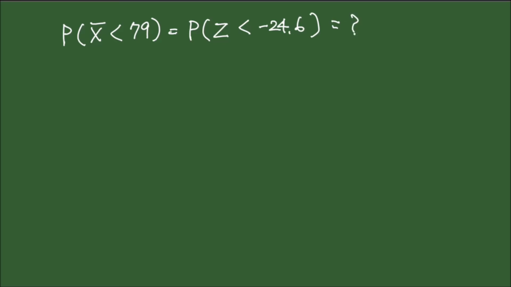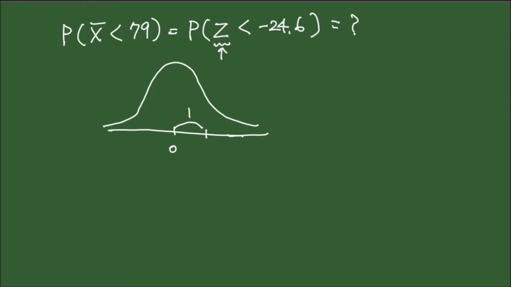And when we think about the density function of the standard normal random variable, we already know that it is the bell shape whose center point is 0, and one standard deviation is 1, right? Because that's the standard normal distribution. And -24.6 is here, right?